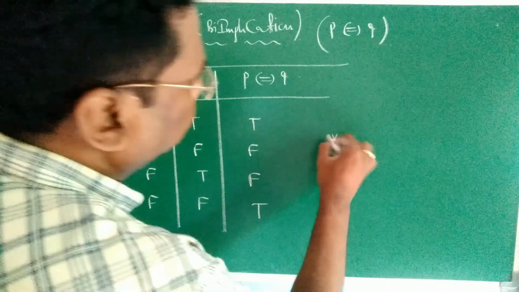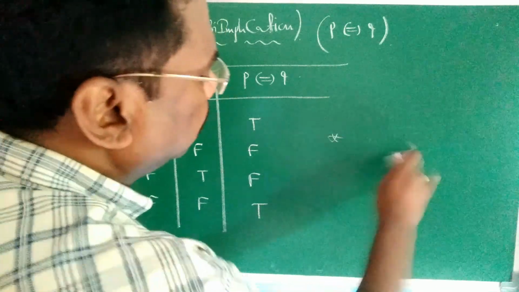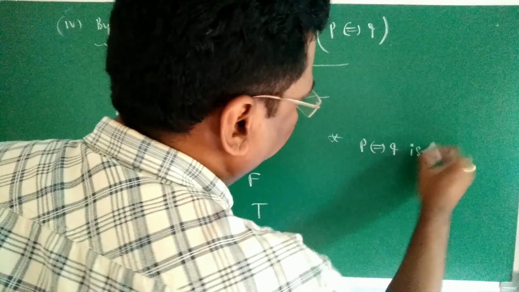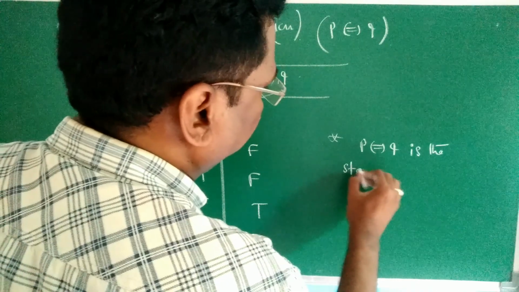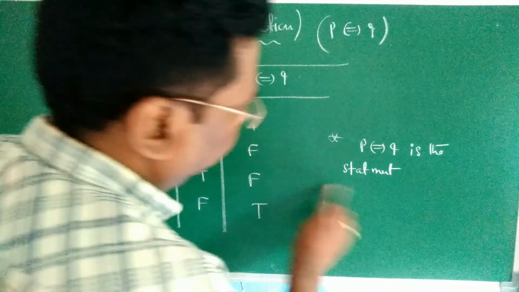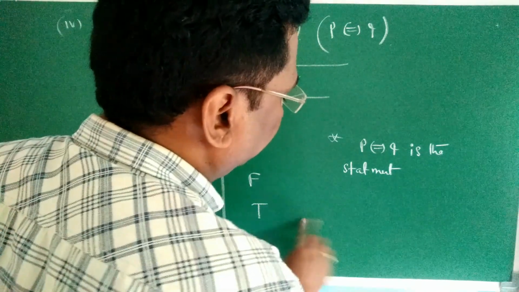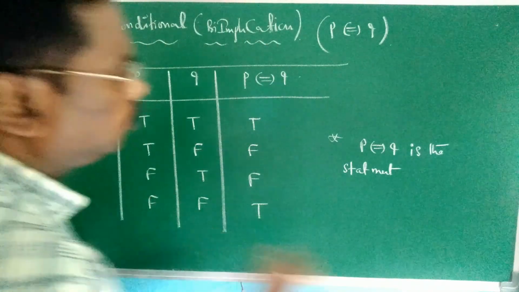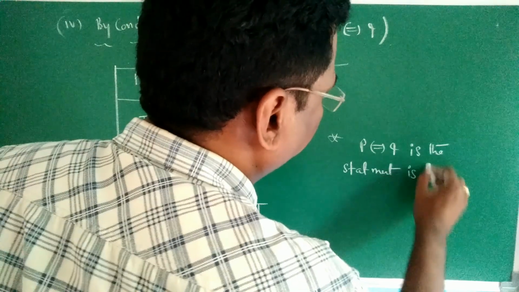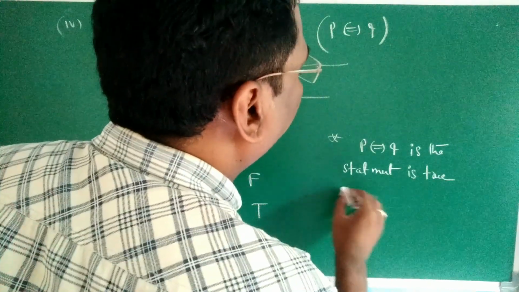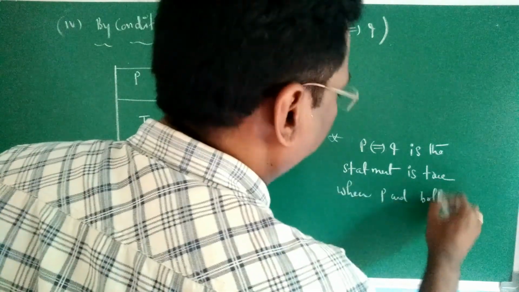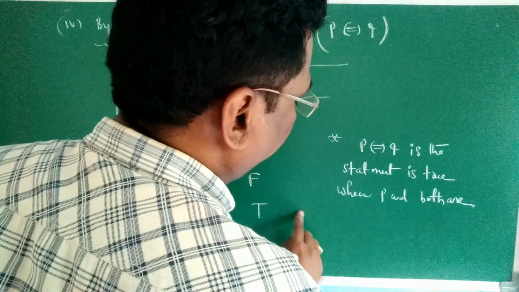Now here key point: P double implies Q is the statement, when P and Q both are true, the statement is true when P and Q both are true or false.